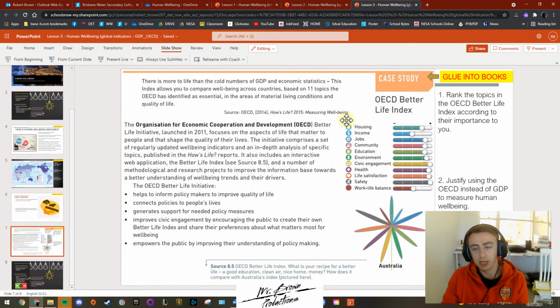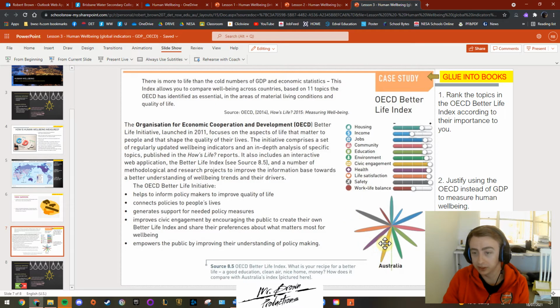They created 11 different criteria. Money is definitely one of them, as we can see income here, but they based it off more things, such as housing, jobs, community, education, environment, civic engagement, so how well you engage with your community, health, life satisfaction, safety, and work-life balance.